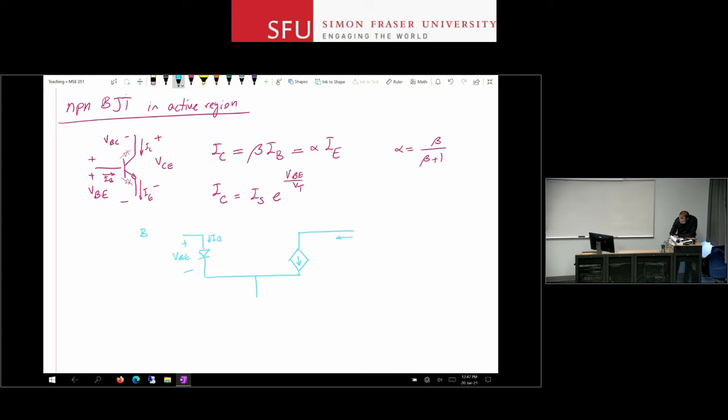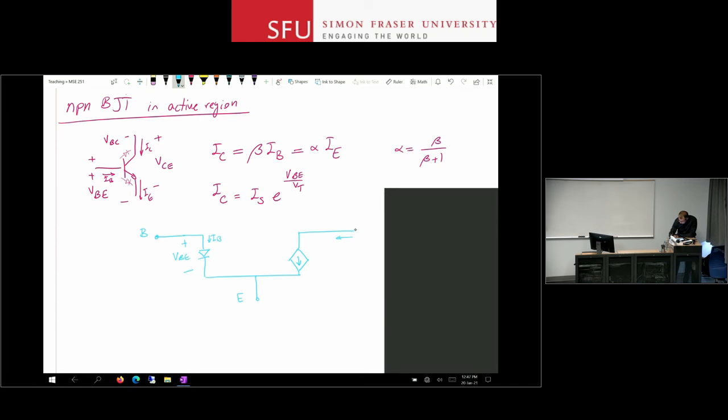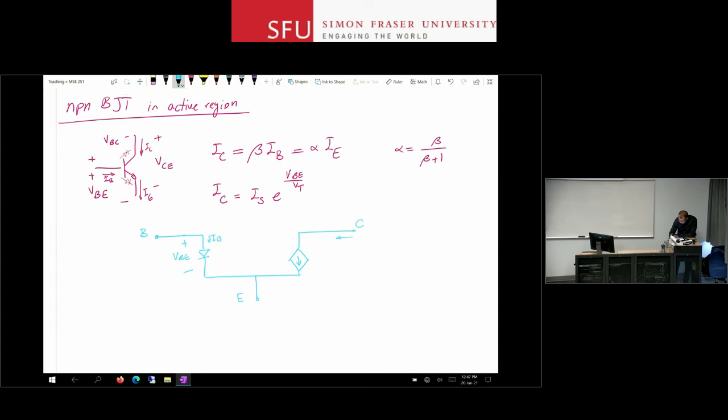I use emitter as the common node between the input and output. So I can come up with an alternative model, right? Maybe I'll draw that later. So this is one model that I can have.